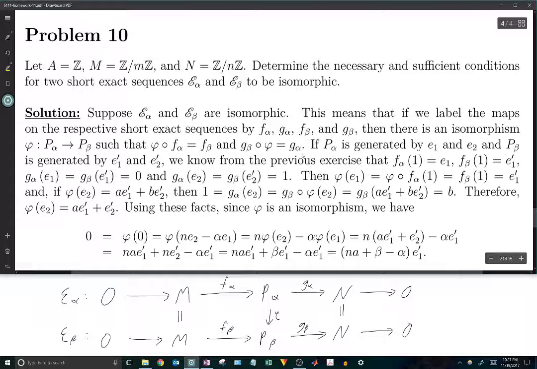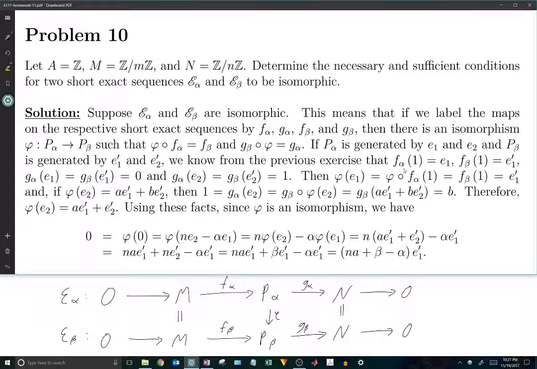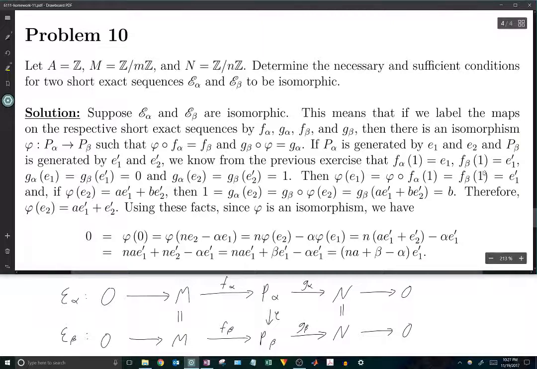Now, let's say that P alpha is generated by E1 and E2 and P beta is generated by E1 prime and E2 prime. Then we've proven that the F's and the G's have certain properties, i.e. F alpha will send 1 to E1 and F beta will send 1 to E1 prime.